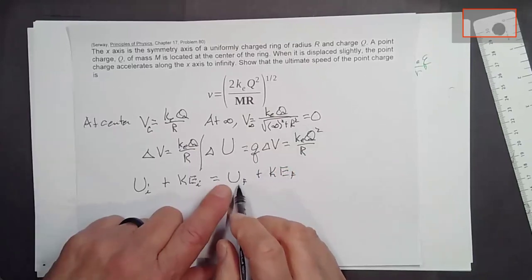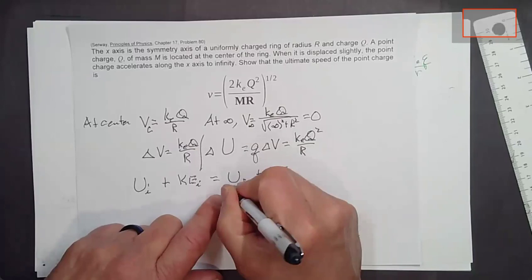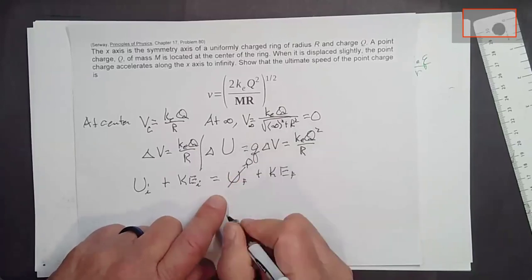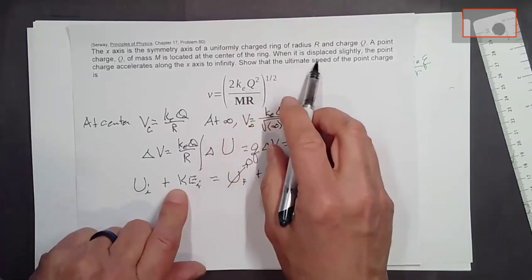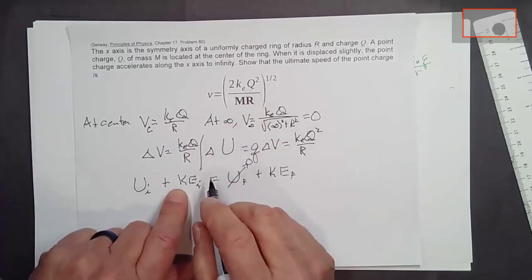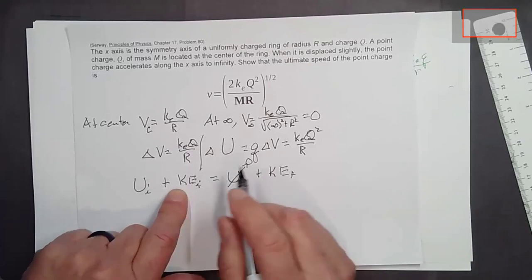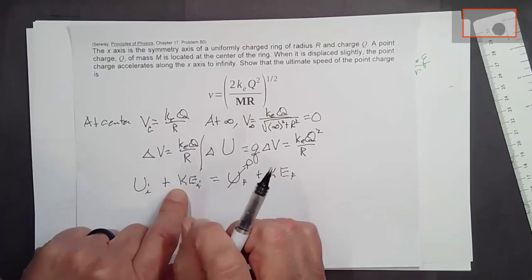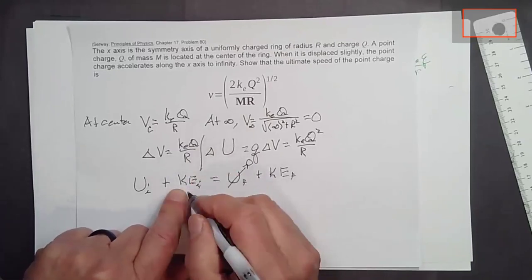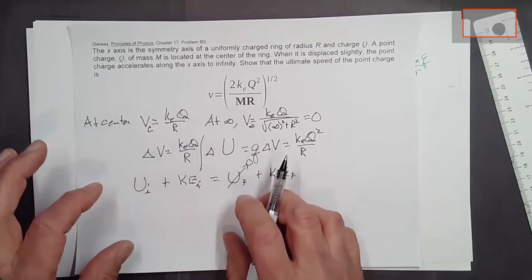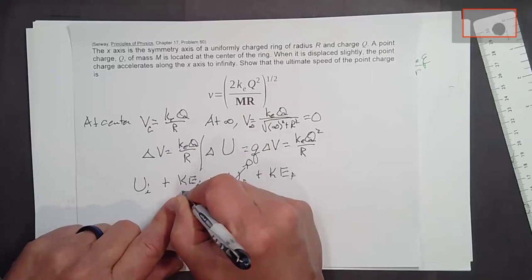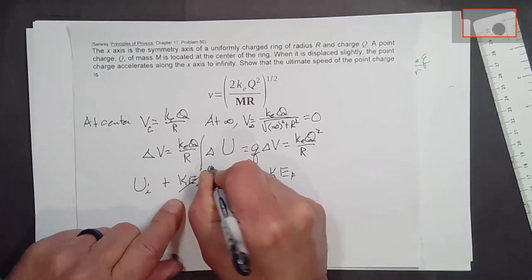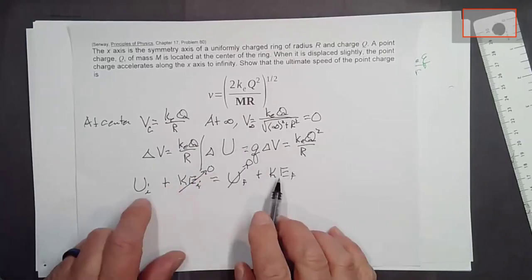Well, U final is 0. This is out at infinity. That's 0. Kinetic energy, it says it's displaced slightly, but it isn't really given much of a shove. It's just pushed the tiniest little bit away from that center. And once that happens, it'll be repulsed by that ring and pushed away. But the initial kinetic energy is also 0.